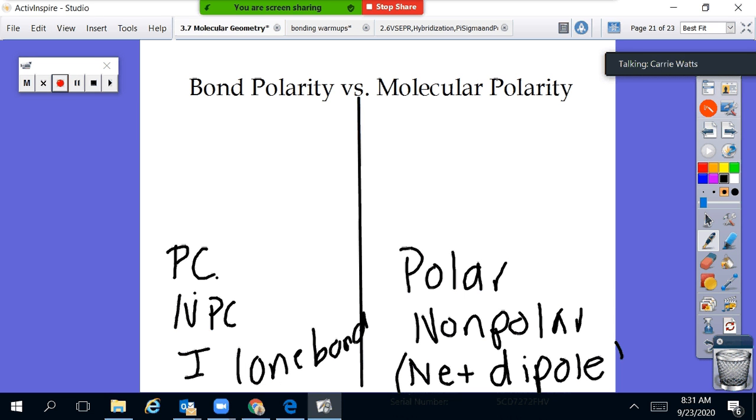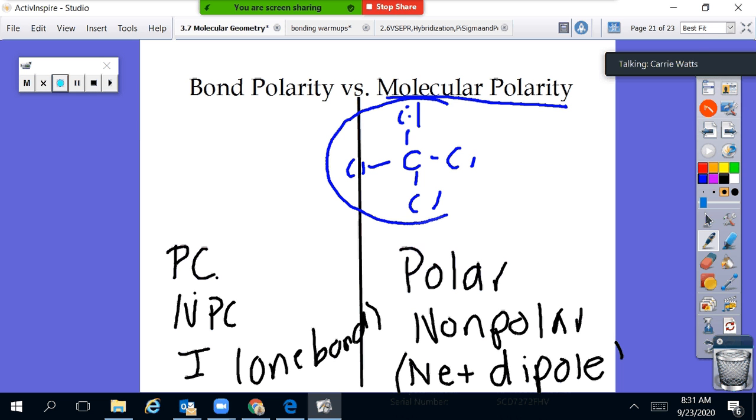Okay, so for example, if I draw carbon tetrachloride, I'm not going to put the lone pairs on the chlorine just because I'm lazy right now. Okay, if you're looking at the whole molecule, the whole thing is nonpolar. Okay, so that's the molecular polarity. If you're looking at the bond polarity, you're going to take one of these bonds.